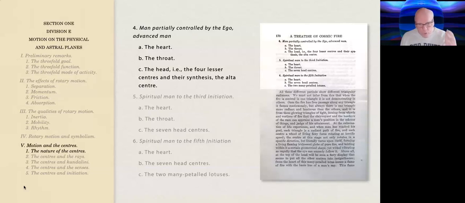For the heart still represents the vital body, and the throat an increased level of monastic radiation, which has in turn activated the 4 lesser centers associated with the Alta Major.